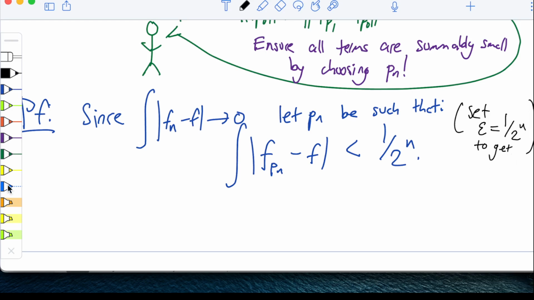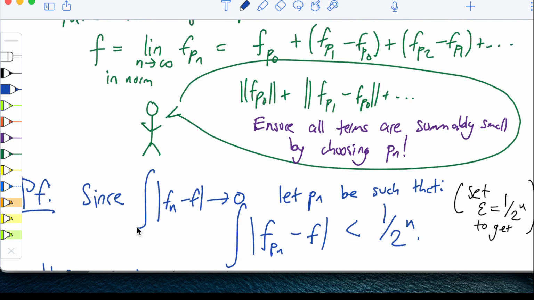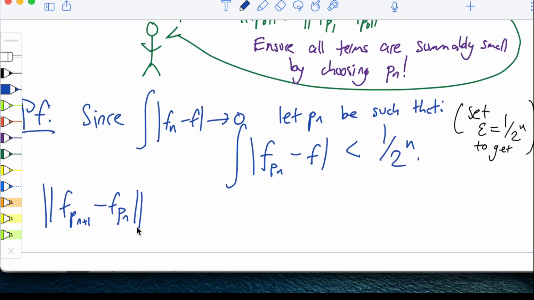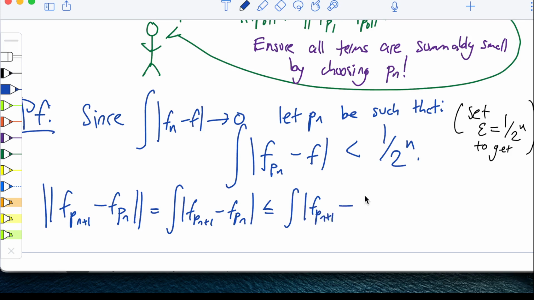Okay. Now here's the claim. The norm of Fpn plus 1 minus Fpn. Why am I all of a sudden thinking about this? Who cares about this? Well, the reason is I already had my dream, and I know that's the thing I've got to do. So here we go. Fpn plus 1 minus Fpn, that's the integral of Fpn plus 1 minus Fpn, which is less than or equal to the integral of Fpn plus 1 minus f plus the integral of f minus Fpn.